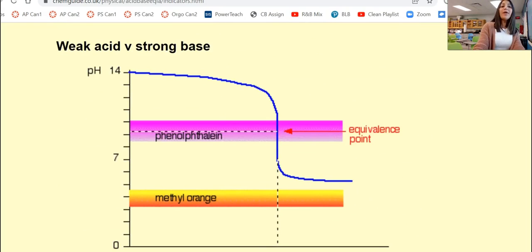Now we've got a weak acid and a strong base. Well, now since I have a strong base, I know that my pH should be higher at the equivalence point. So now phenolphthalein is going to be appropriate, but methyl orange is not going to be an appropriate indicator, okay? So just to give you an idea of how you're supposed to choose which one it is. And if they give you a chart with pK values, that's how you would end up choosing that, all right? And that's all I have for you for titrations.